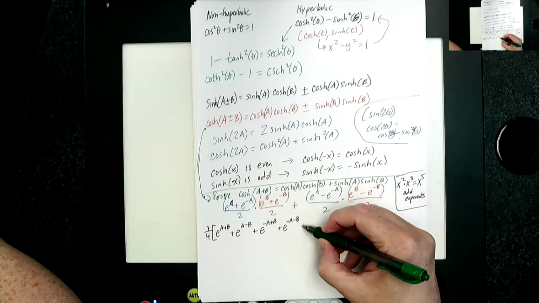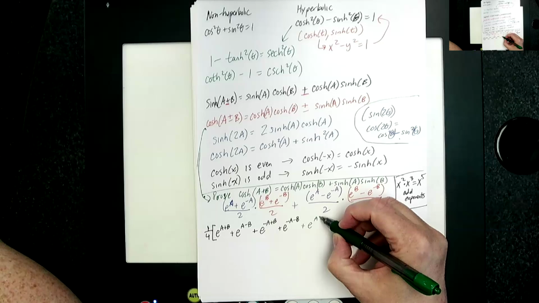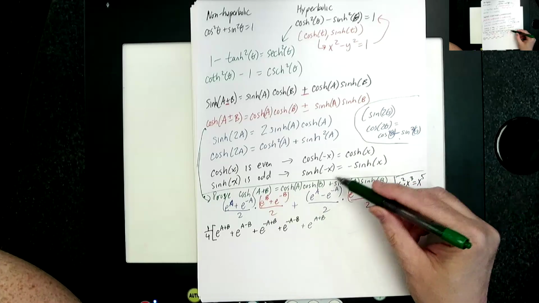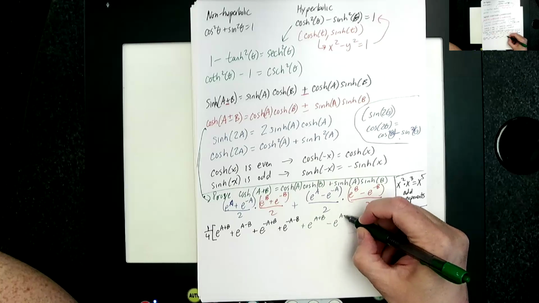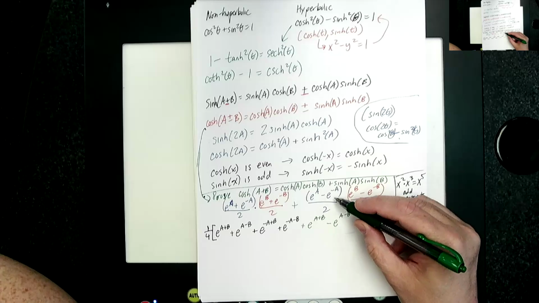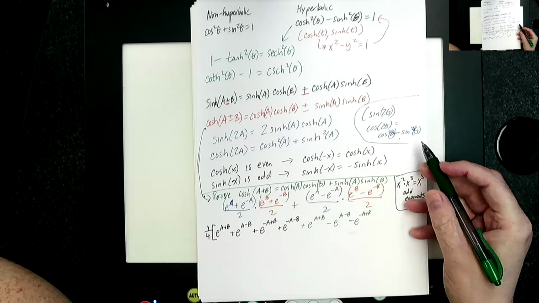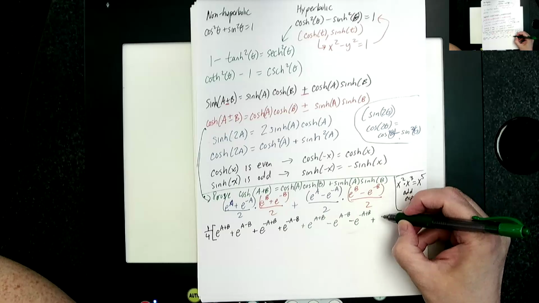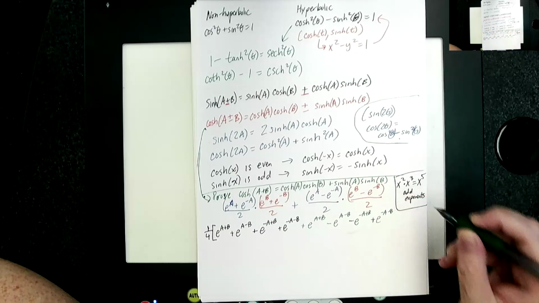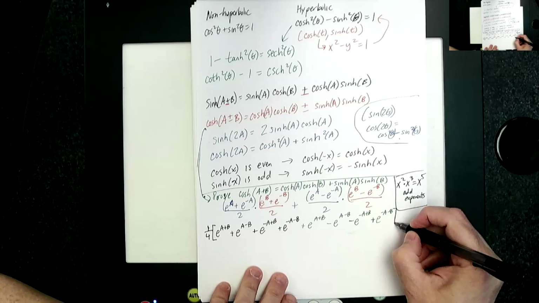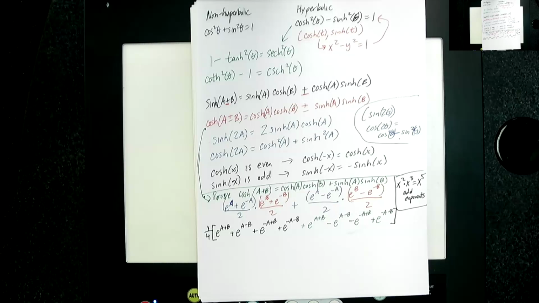We'll do the same over here. We've got plus e to the A plus B. And now I do outside, I have a minus e to the A minus B. If I do inside, I have another minus and then e to the minus A plus B. If I do last, it's positive again, e to the negative A minus B. What's the issue?